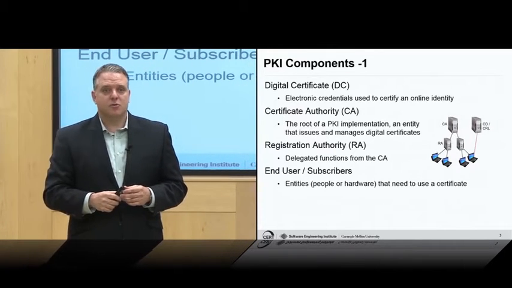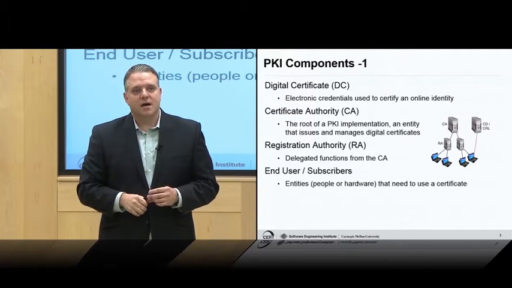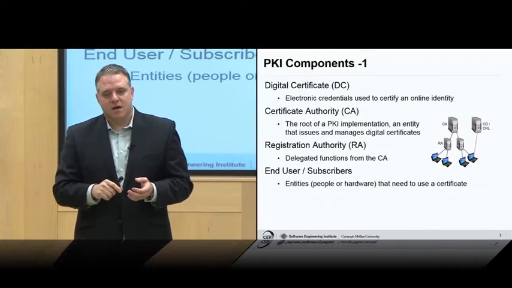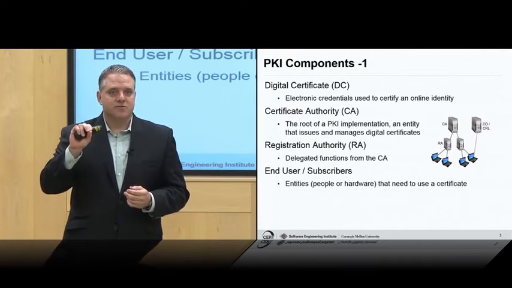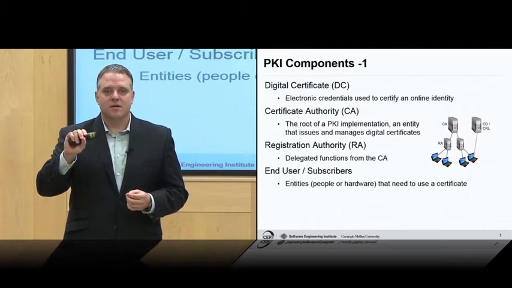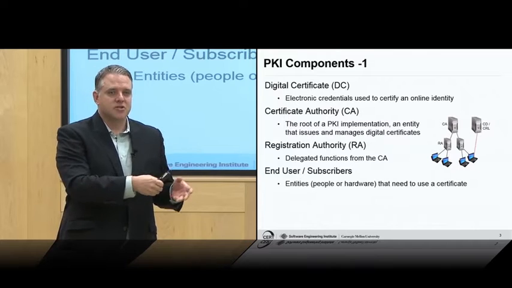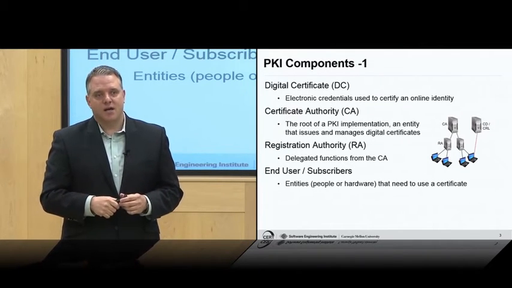There's a certificate authority. Up at the top of the PKI chain, there is a CA, and this is the root of the implementation, the entity that issues and manages digital certificates. That is the root of trust. The certificate authority does all the identification, does the background checks to make sure that when I request a certificate, I am who I say I am.